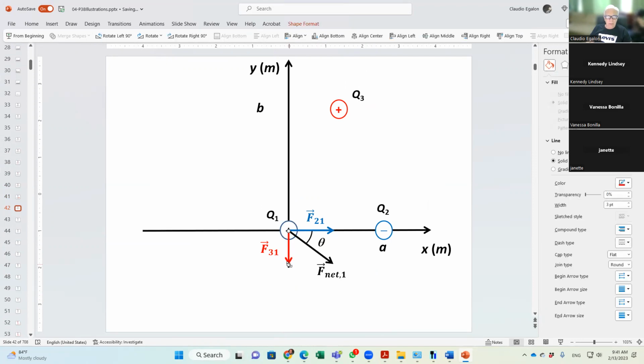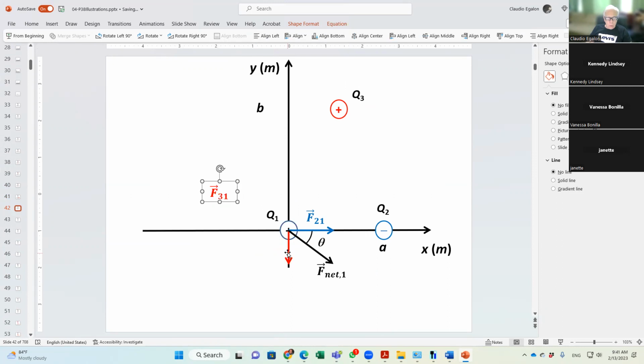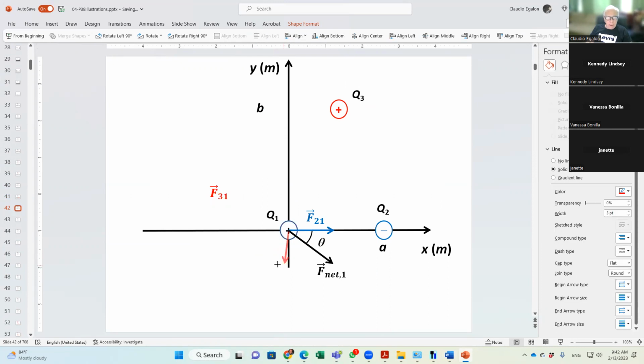In this specific case, I'm going to just show you in a qualitative fashion how this problem would be solved. There should be a vector connecting the third charge to the first one, right? Here you go. Would be something like that.